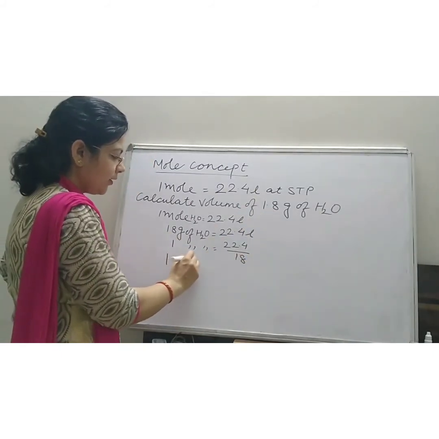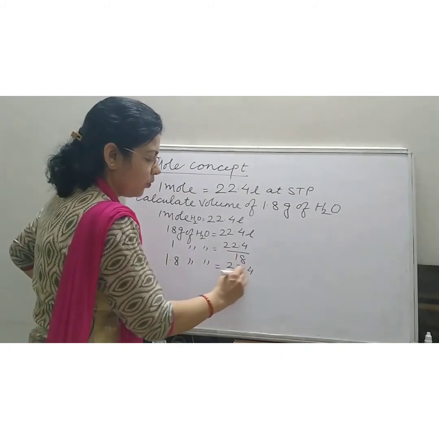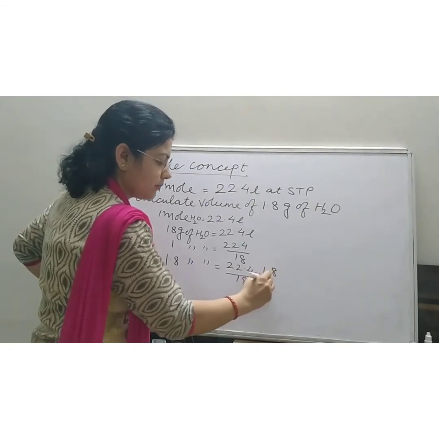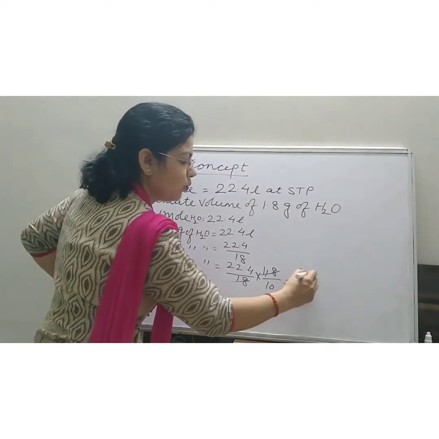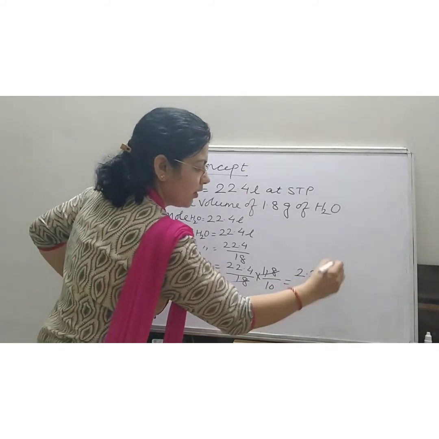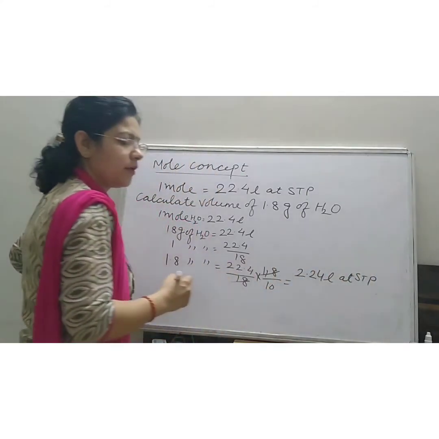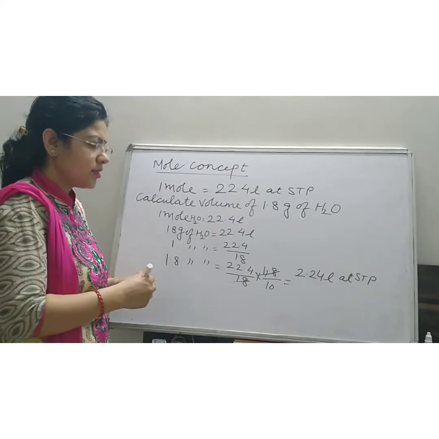So 1.8 grams of water is equal to 22.4 divided by 18 multiplied by 1.8. It comes out to be 2.24 liter at STP.